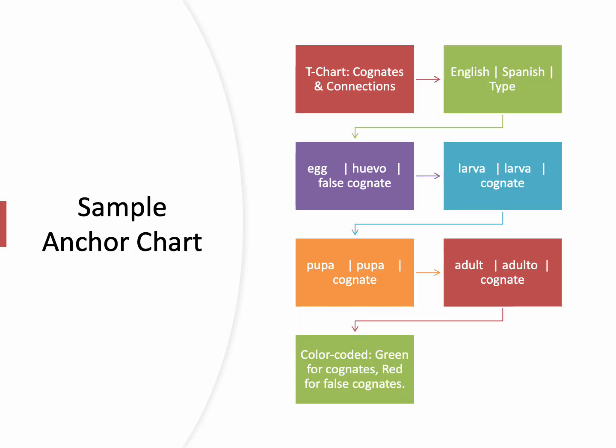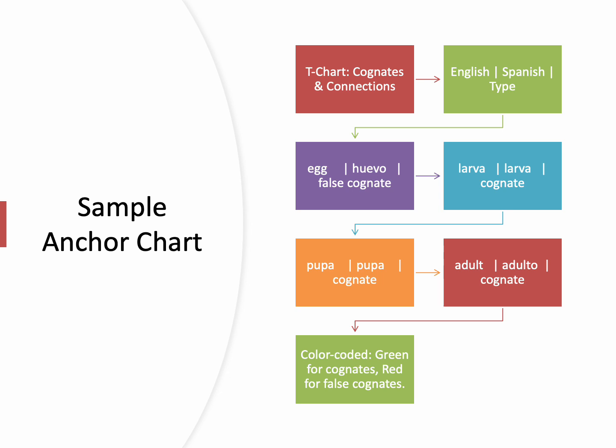Here is an example of the T-chart that we'll create together. We have English, Spanish, and the type. We start by writing egg in English, in Spanish it is huevo, and the type is false cognate.